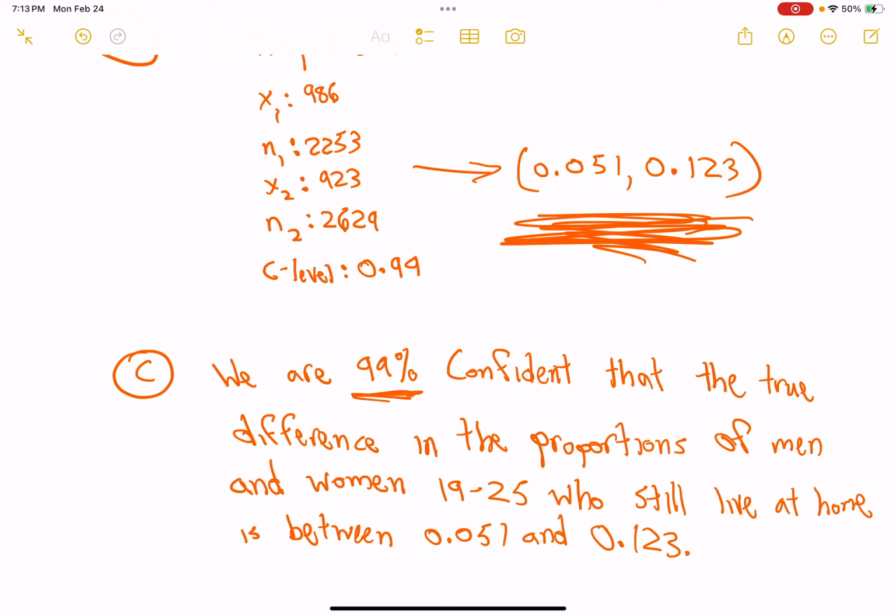Just kidding, that's wrong. What we would expect is for 99% of those intervals to contain the true population proportion.